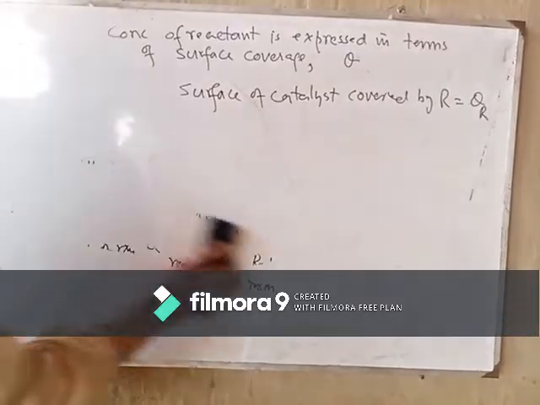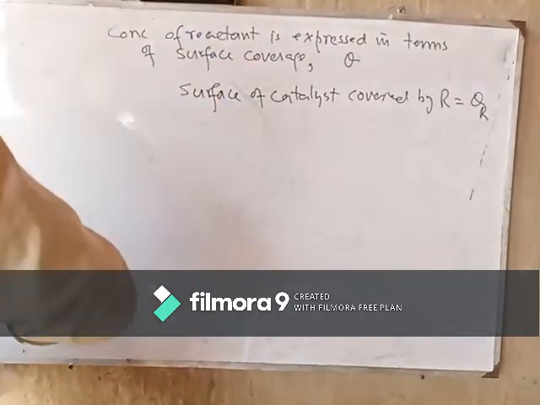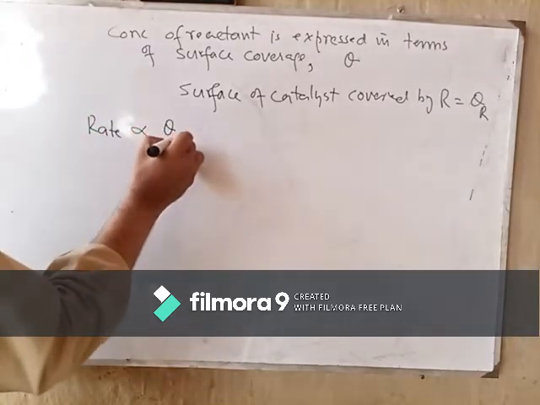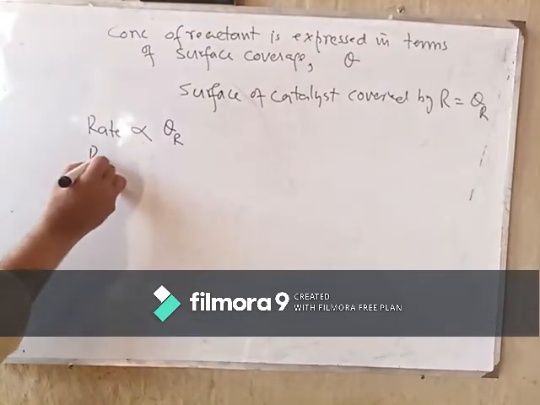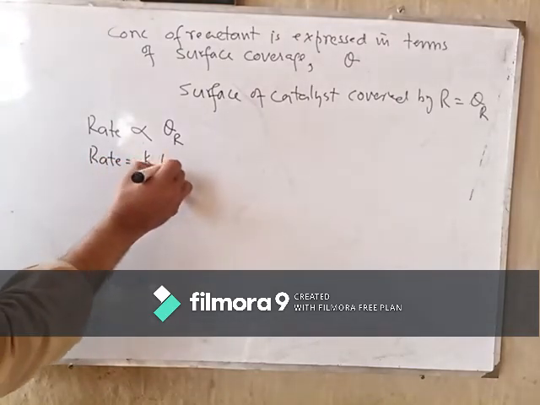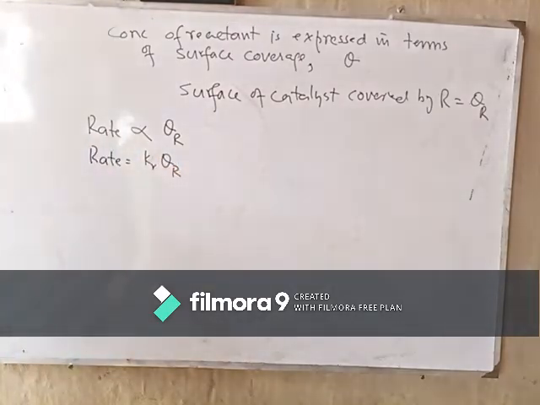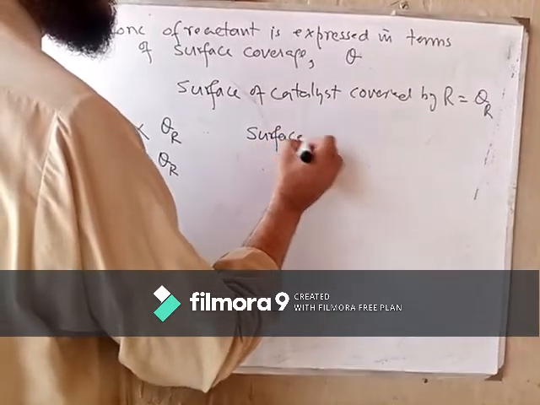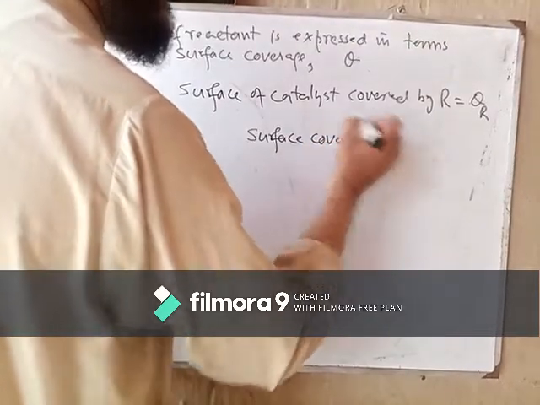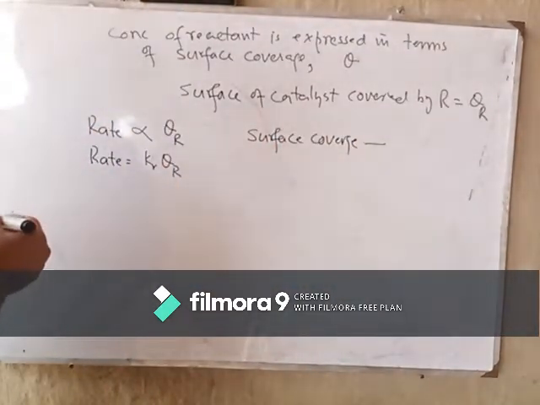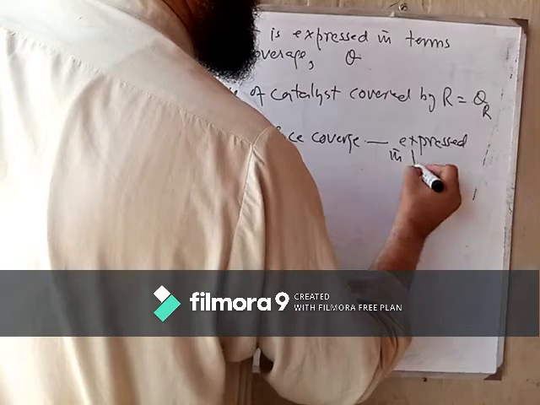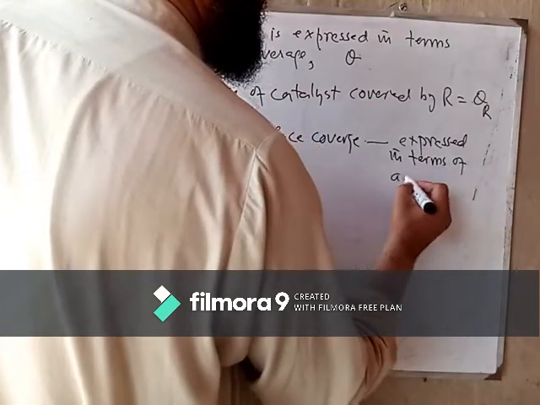Hence, the rate of reaction becomes: rate is proportional to theta R. Rate is equal to Kr times theta R. Now how will we find out theta R, the fractional surface coverage? Surface coverage is expressed or determined in terms of adsorption isotherms.